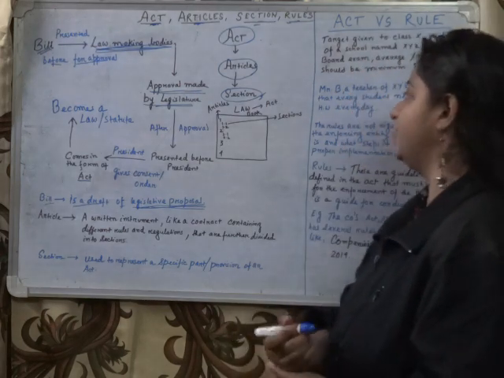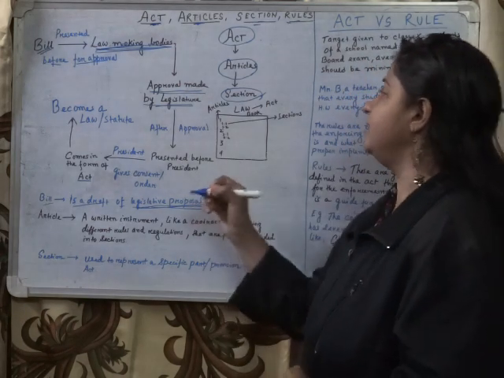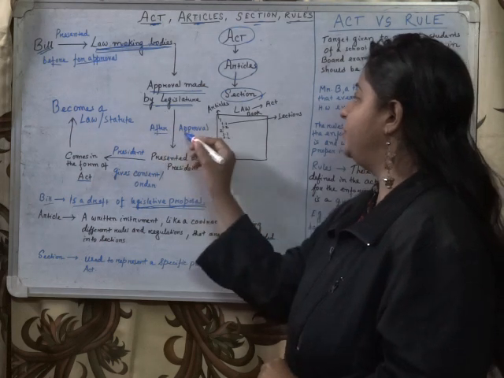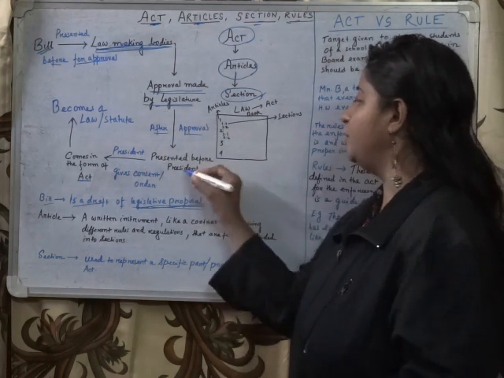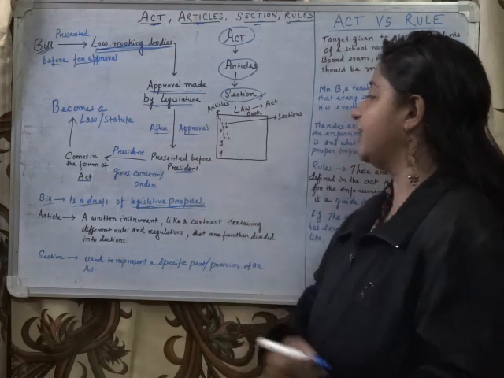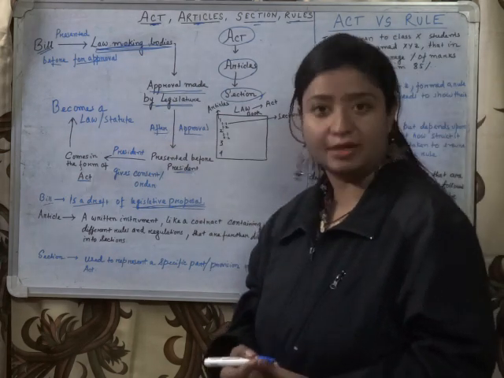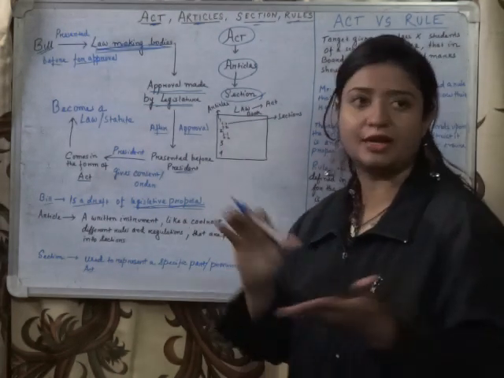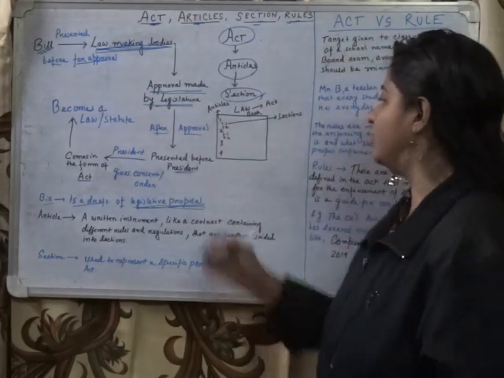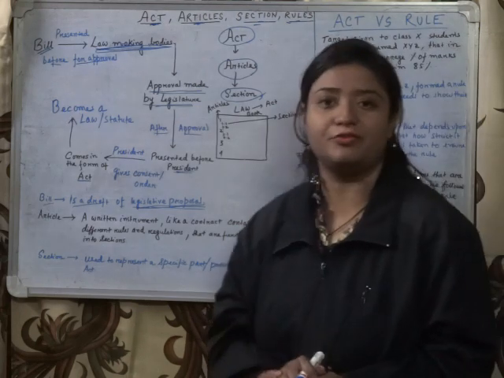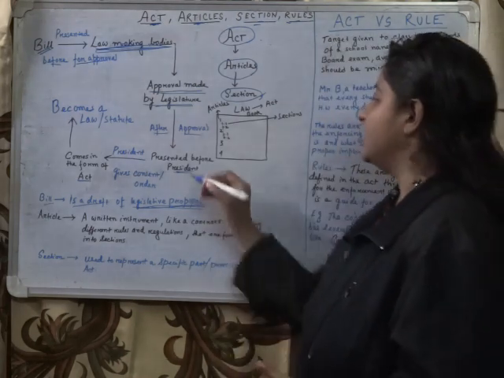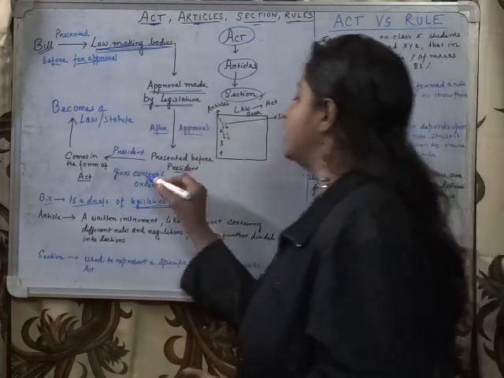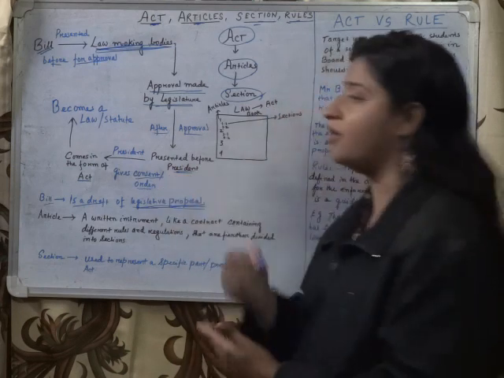Then what will they do? They will send that bill after approval to the president. It will be presented before the president. Okay, we have seen that it is correct. So according to you, what is your decision? Now the president will give his consent or order.